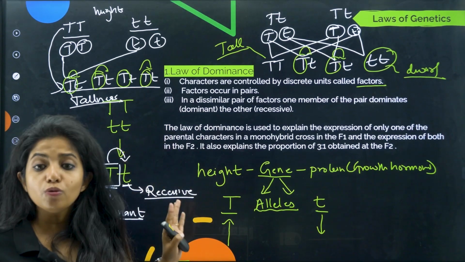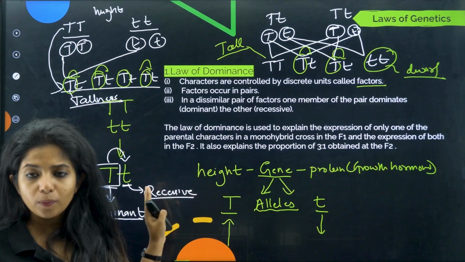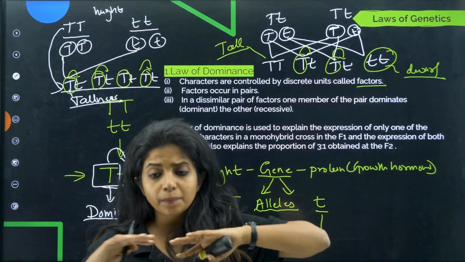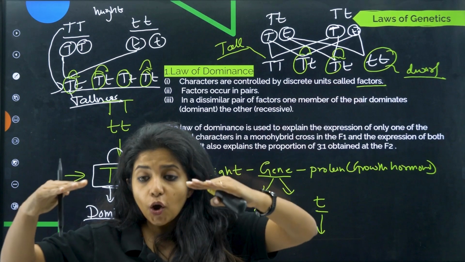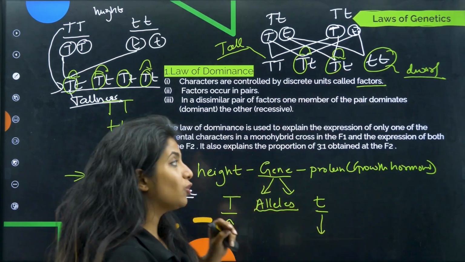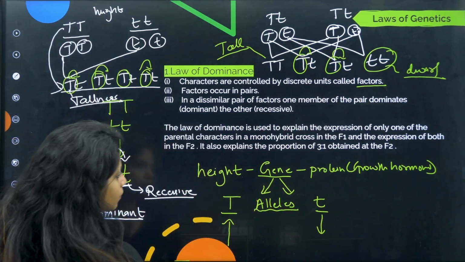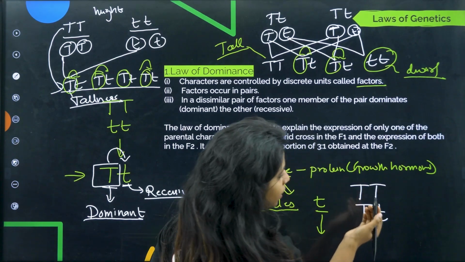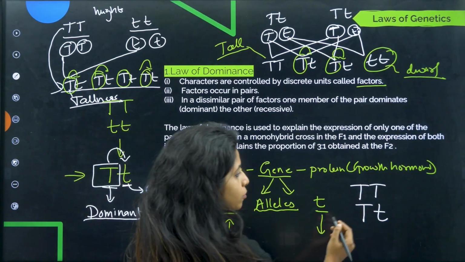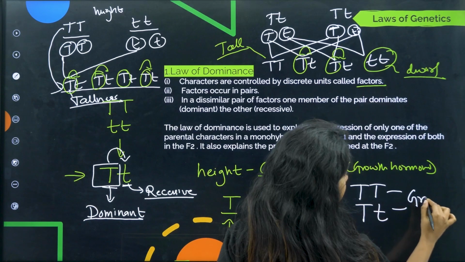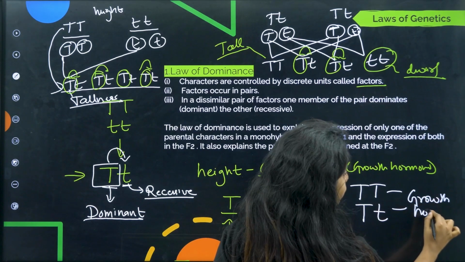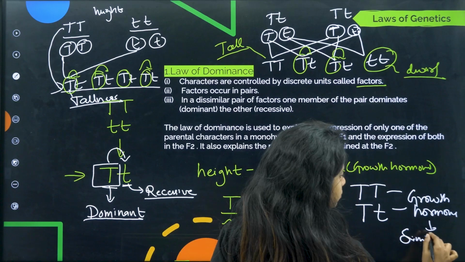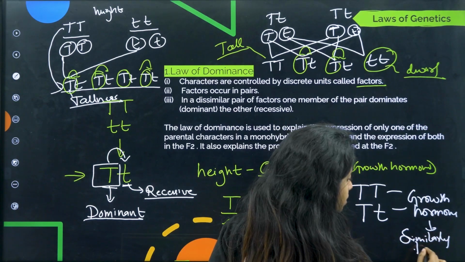Yes, and there is no blending as well. The plants that are getting capital T, small t are not medium-heighted plants. They are still tall. So, according to Mendel, whether the condition was this or this, it's producing the same amount of growth hormone, which is why it is similarly tall.